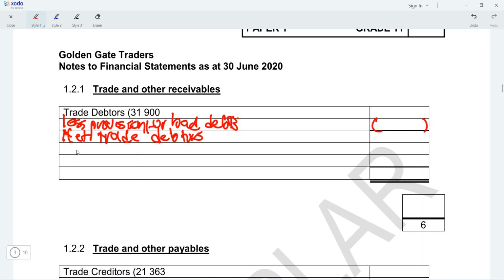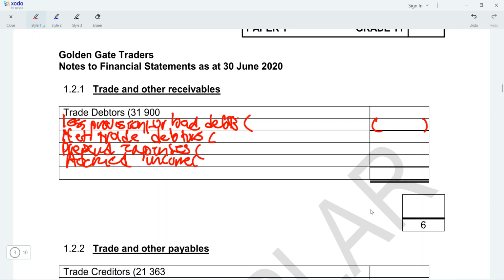And then we also know that we're supposed to include our prepaid expenses, and then we're also supposed to include our accrued income. So this will make life easy for you.